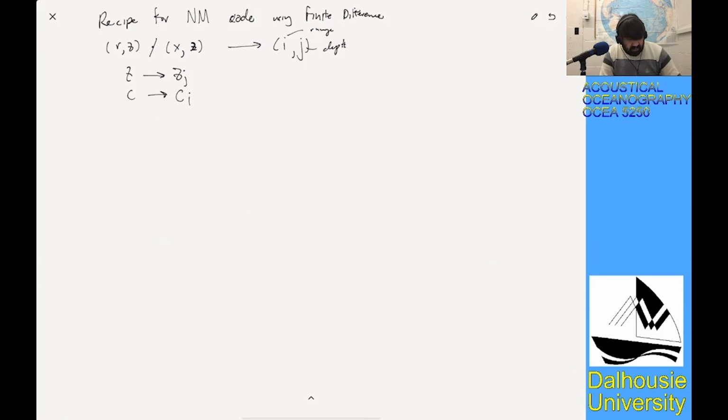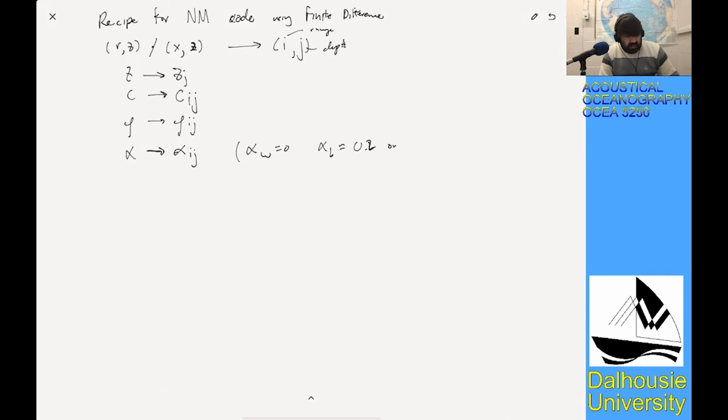We also want to define our density everywhere in range, in depth. And we want to define some attenuation everywhere in range and depth. And just to be clear, we can take attenuation in the water column 0 for most things, and attenuation in the bottom, we can kind of choose depending on what kind of bottom, but let's say 0.2 or so.